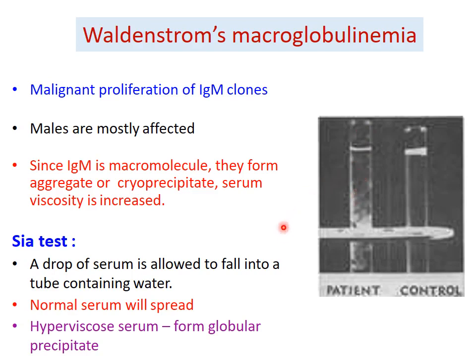If the patient is positive for Waldenström macroglobulinemia, then a white, globular precipitate forms in the test tube for the patient, whereas in the control, the normal serum just spreads within the water. The patient serum, due to hyperviscosity, forms a globular precipitate. Okay, so this is called the CR test for Waldenström macroglobulinemia.